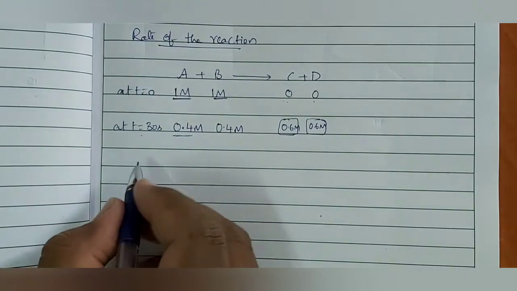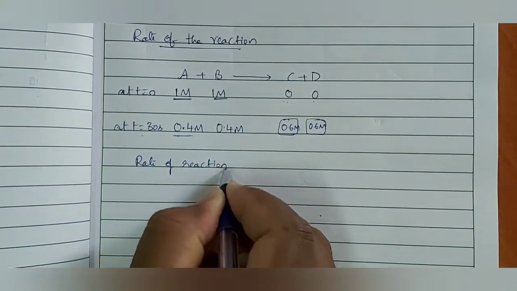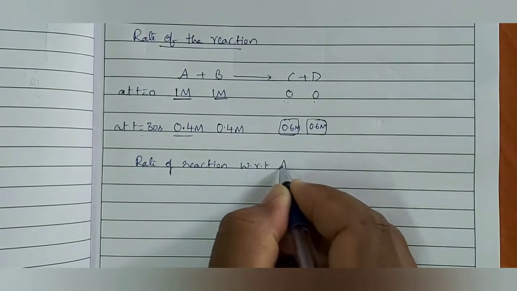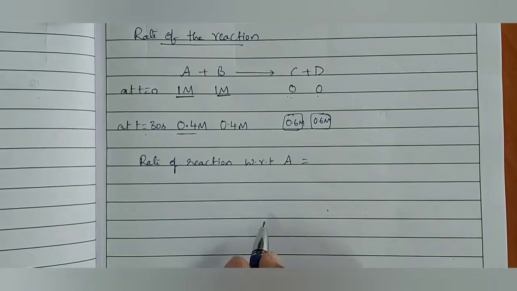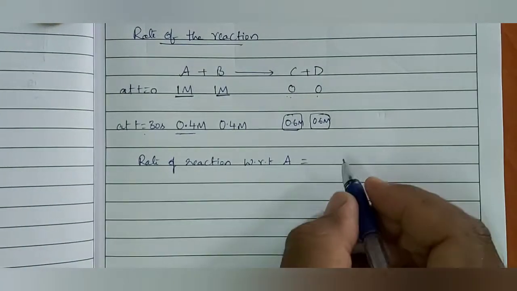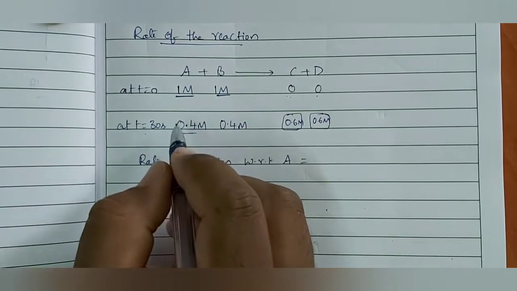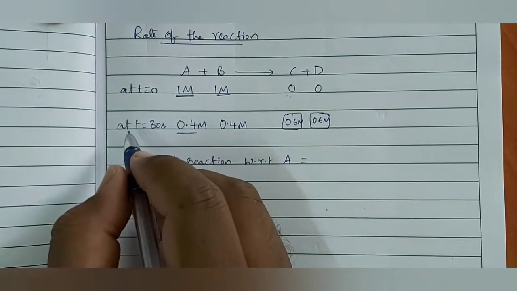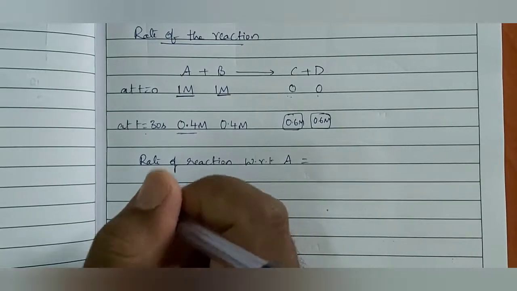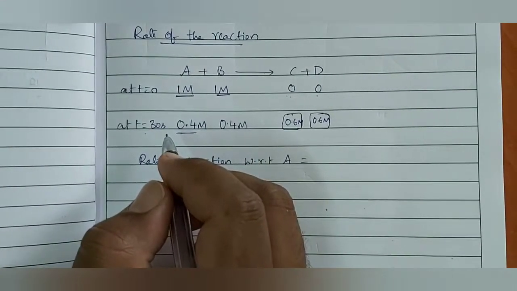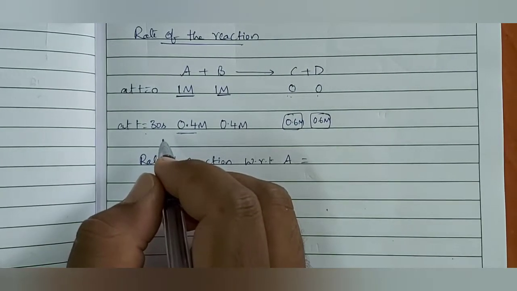Now, rate of reaction with respect to A is equal to change in concentration of A divided by change in time. Change in concentration of A divided by change in time, that is called rate of the reaction with respect to A.